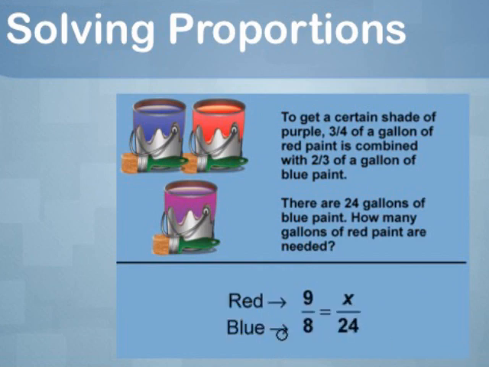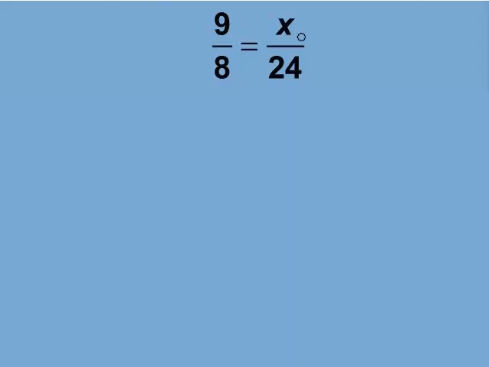Set up the proportion. Red to blue leads to the equation 9 over 8 equals x over 24. Solve for x. First, switch terms so that x is on the left side of the equation, like this.